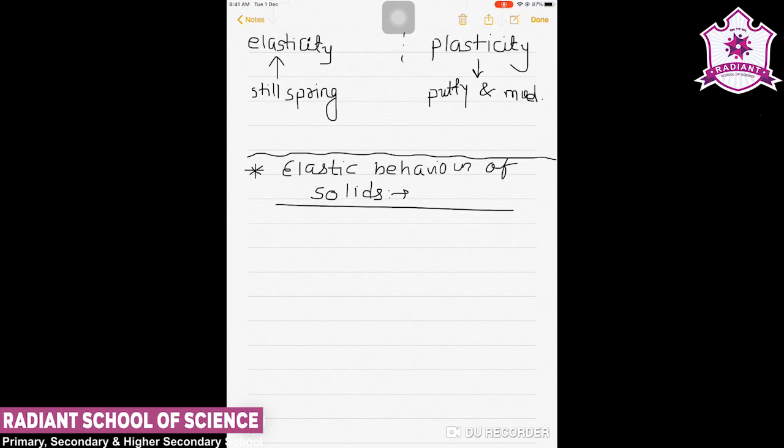We have very good knowledge that in a solid each atom or molecule is surrounded by neighboring atoms or molecules. It is very well known that each atom is surrounded by neighboring atoms.